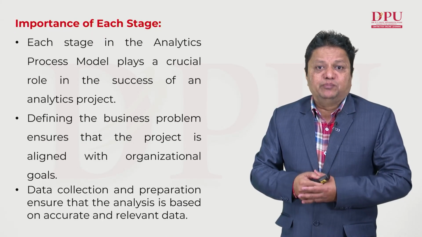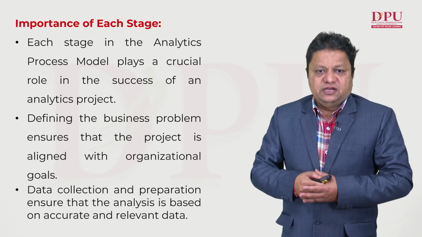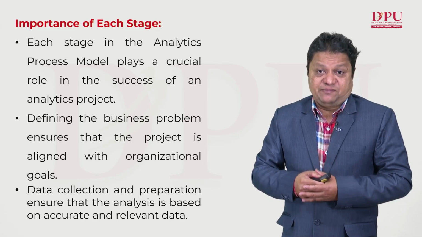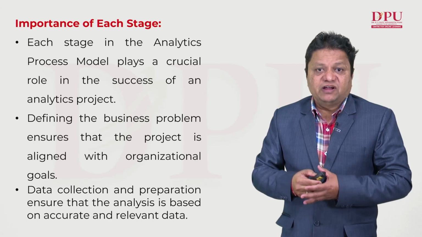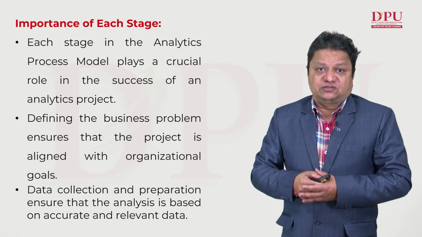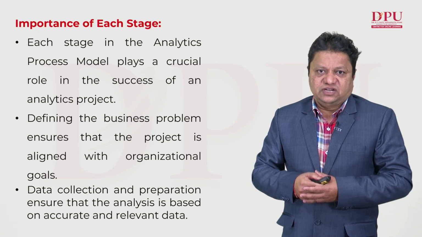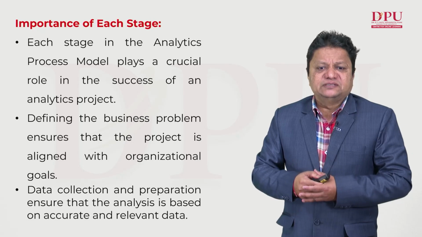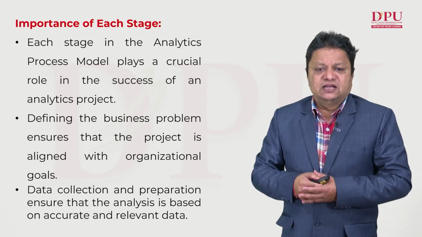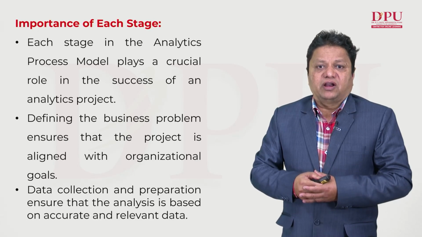Now, let us understand the importance of each of these steps. There are a total of 5 steps, and each step in the analytic process model plays a very crucial role in the success of an analytic project. Defining the business problem ensures that the project is aligned with the business or organizational goals.